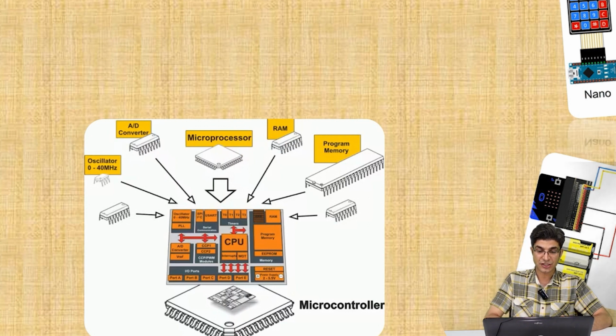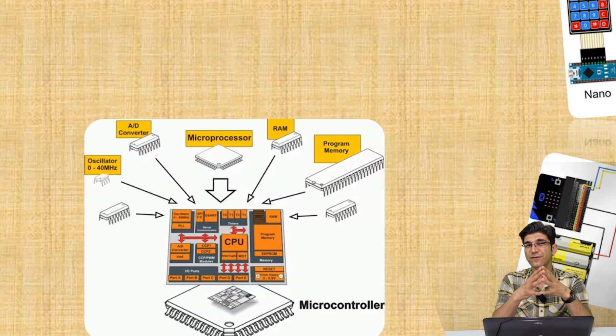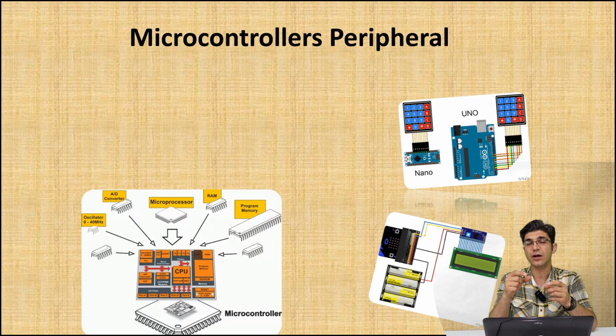In this slide, a microcontroller has RAM and of course the processor inside it to process all the data and the input and output procedures. It also has many ports, for example the ADC and DAC as I told you. A computer, by contrast, needs additional parts like memory.